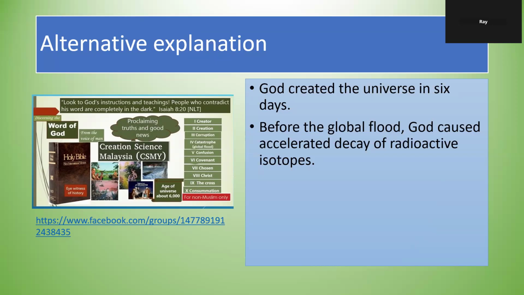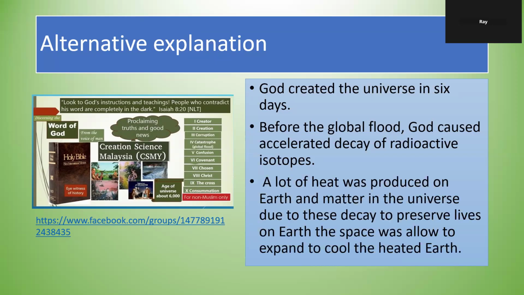The accelerated decay produced a lot of heat on the earth and matter in the universe. Due to this decay, to preserve lives on earth, the space was allowed to expand and cool the heated earth.